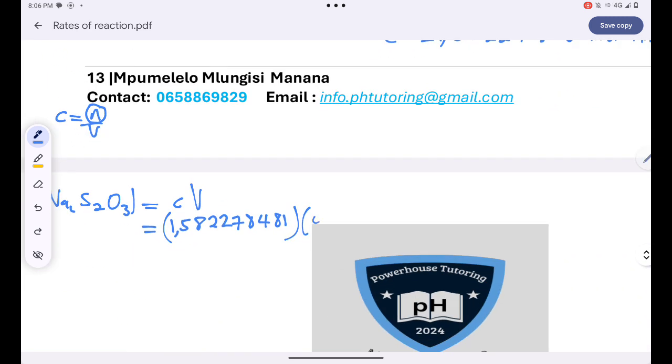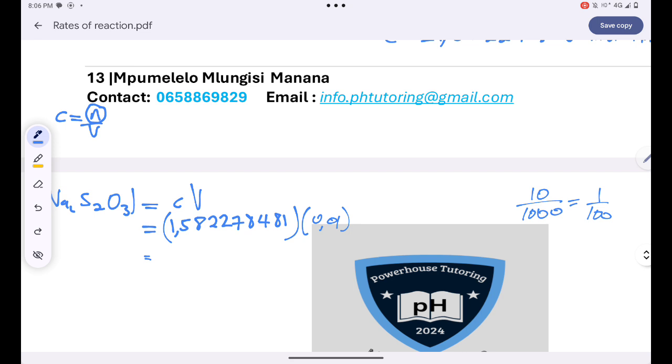So this will simply be 0.01 cubic decimeters. Remember that, guys, for me to change from cubic centimeters to cubic decimeters, I just have to say 10 divided by 1000. I'll simply get 1 over 100, which is just 0.01. And then this will give me the number of moles of my sodium thiosulfate present in experiment D.